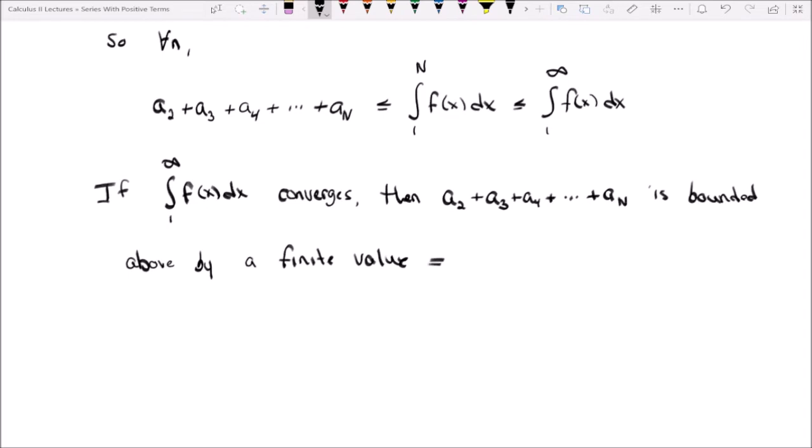That means the sequence of partial sums is bounded above, so this series converges.